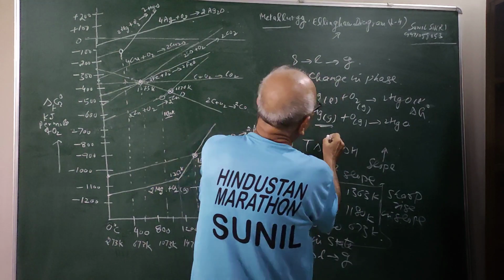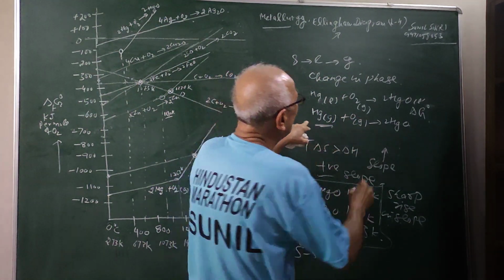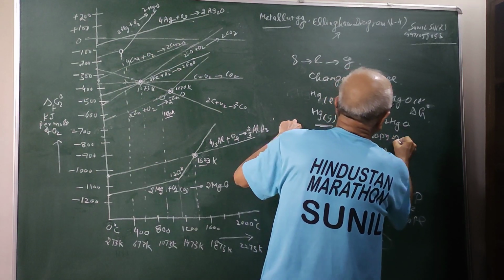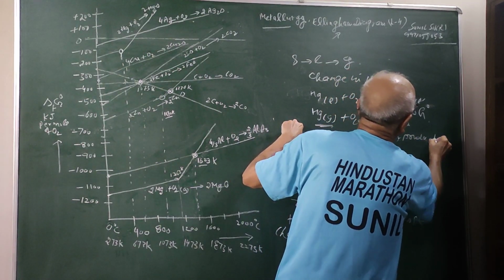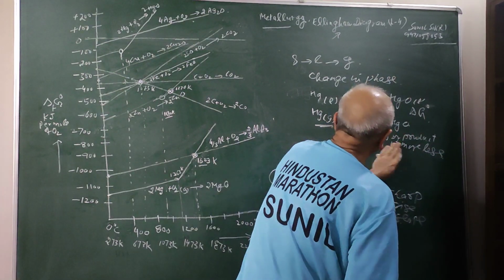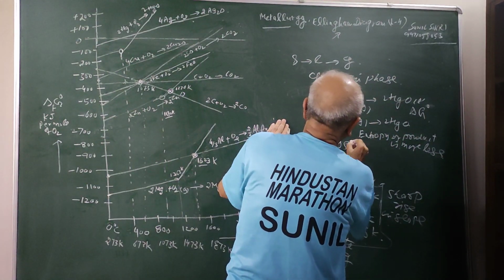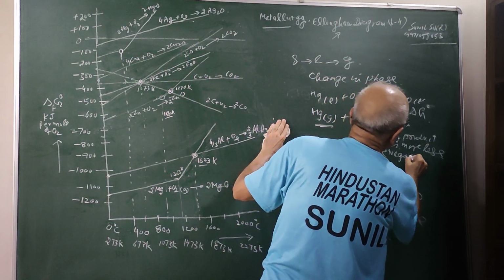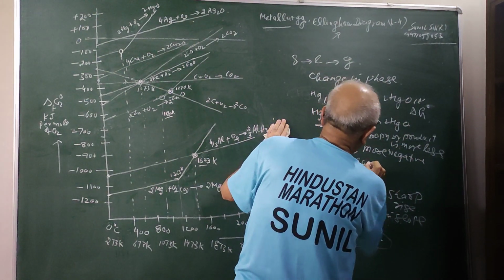So the entropy of the product will be still less. In other words, delta S for this process is more negative, so the slope becomes more positive.